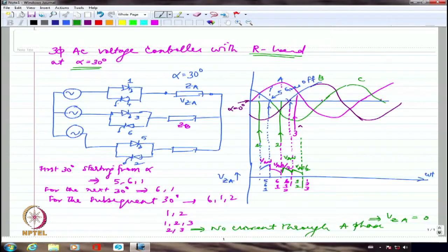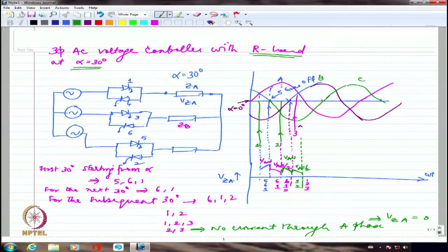So here, for example, 5 will stop conducting once the C phase voltage starts going negative, but 5 will continue to conduct even after the C phase voltage goes negative, right?